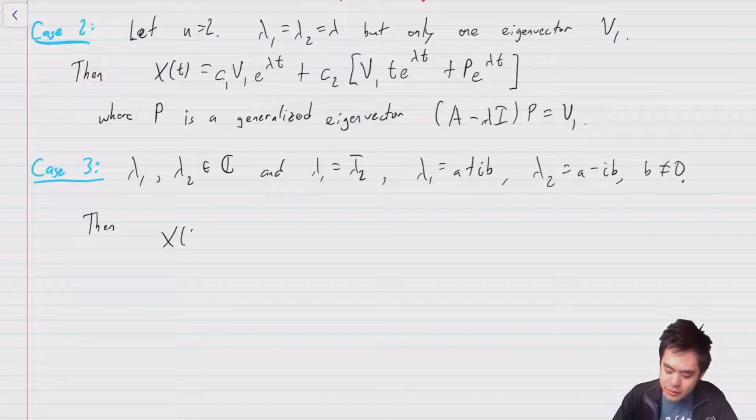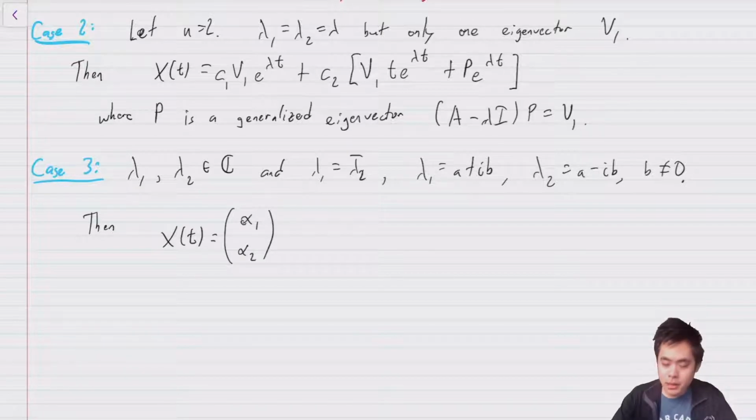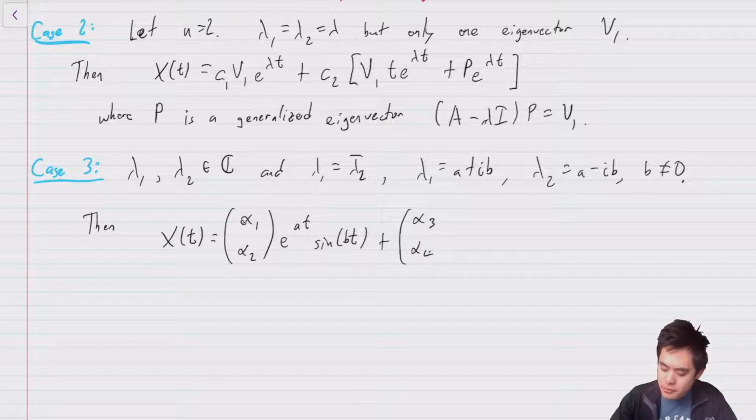So then we have x of t is equal to, I'm going to say alpha 1 and alpha 2 because I don't want to actually compute these right now, e to the at sine of bt plus, let's call these alpha 3 and alpha 4, e to the at cosine of bt.